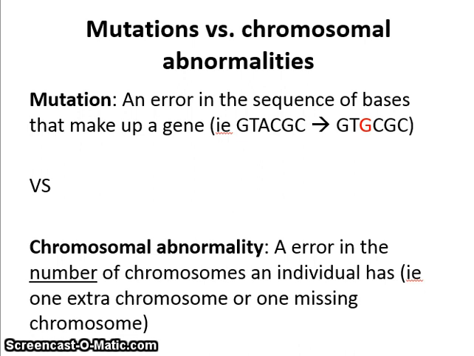So a really famous example of that is Down syndrome, otherwise known as trisomy 21, which I'll show in a moment. But chromosomal abnormality is an error in how many chromosomes we have, so we might have 45 or 47 rather than the normal 46. A mutation is when the bases within DNA are actually changed in some way in terms of their sequence.